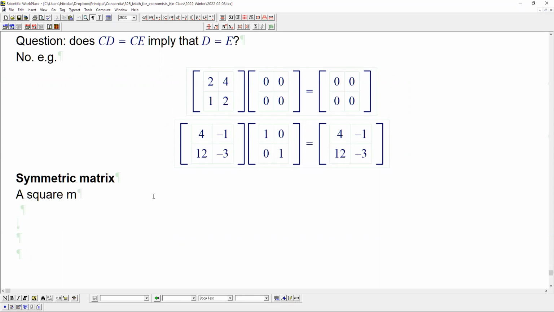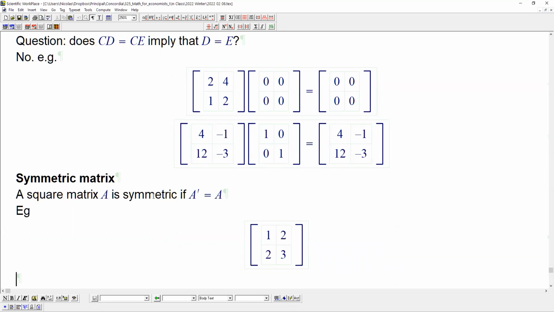A square matrix A is symmetric if A transpose equals A. So for instance, [1, 2, 2], since, of course, if I take the transpose, I get the same.